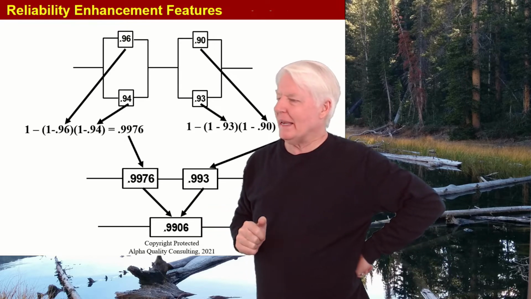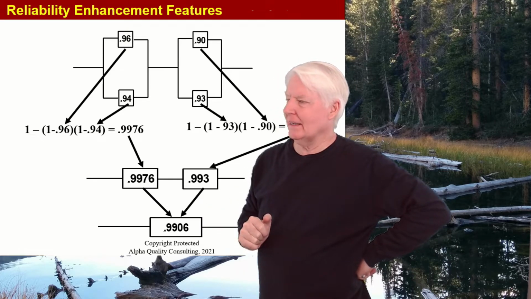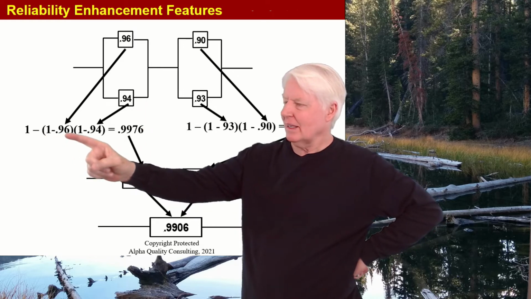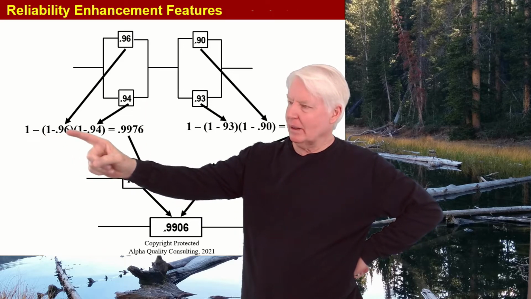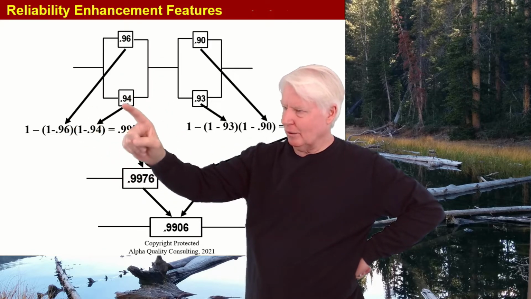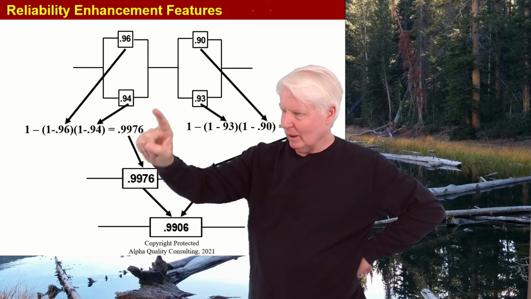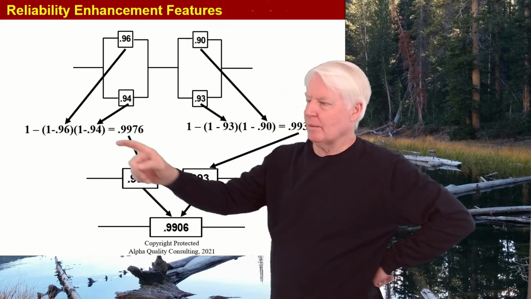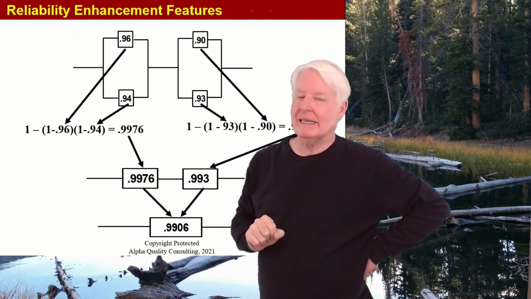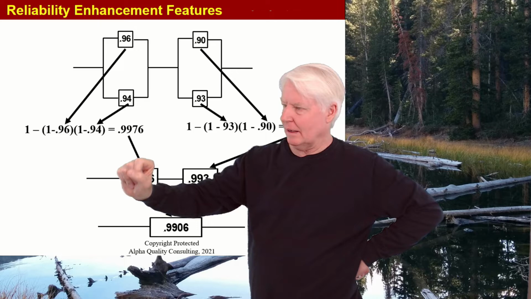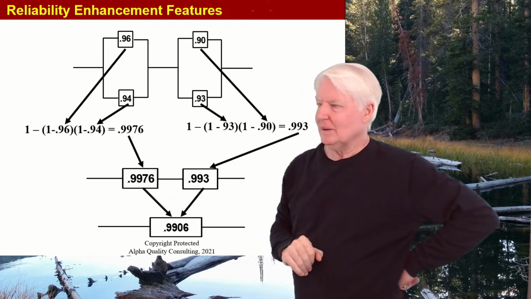So remember how we calculate reliability of parallel systems. It's 1 minus (1 minus reliability 1) times (1 minus reliability 2), and if we had a third parallel component, times 1 minus the reliability of that one. Now remember, 1 minus reliability is failure rate, so you could say 1 minus the failure rate of 1 times the failure rate of 2, and so on.